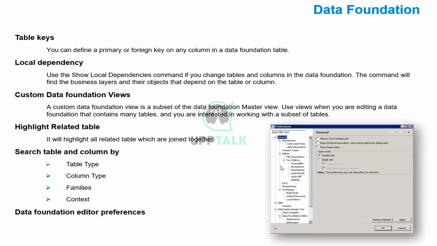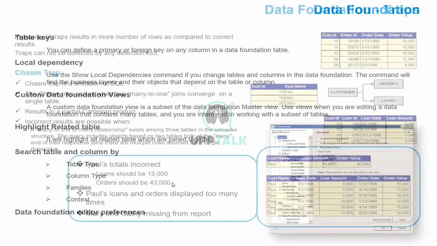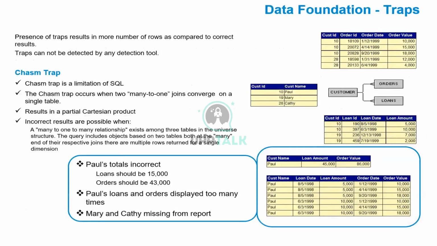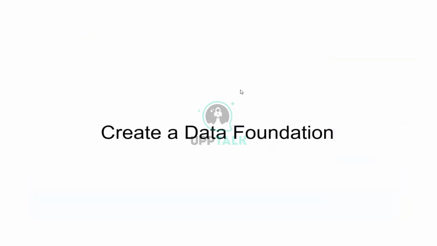These are some properties and preferences options, like the custom data foundation view and highlight related table. If you click on highlight related table, it will highlight. Chasm trap we already covered. We have created a data foundation.